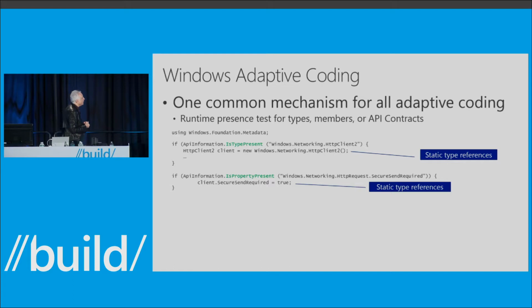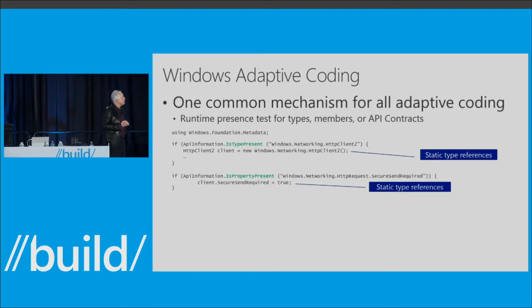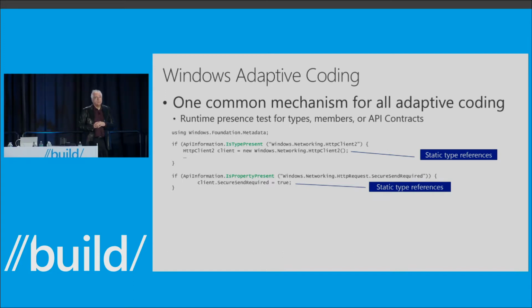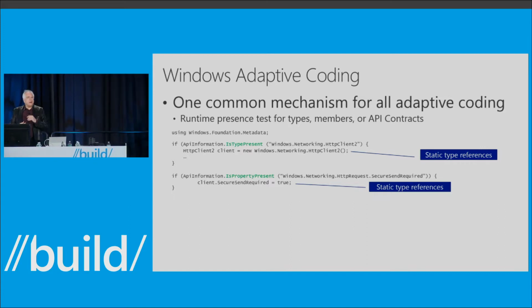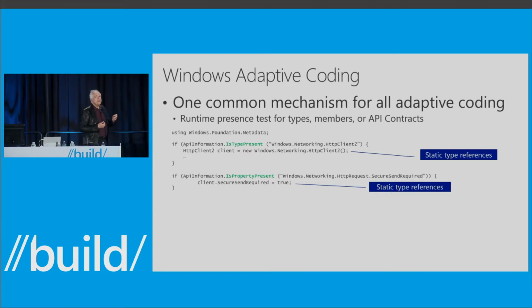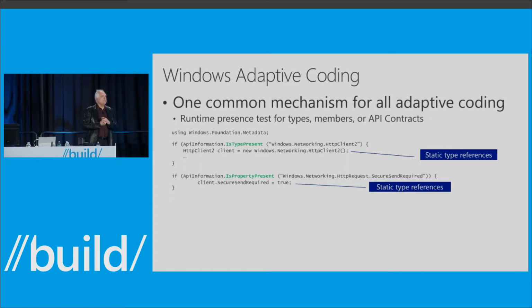This is .NET code, and I'm using a Windows runtime type, actually, in this case, an imaginary one, by the way. I think I forgot to put hypothetical API. I'm not announcing any new APIs. But I now have static references to a type. So this HTTP client 2 imaginary type doesn't exist on a Windows 10 system. Let's say it came in Windows 10.1 or 10.2.